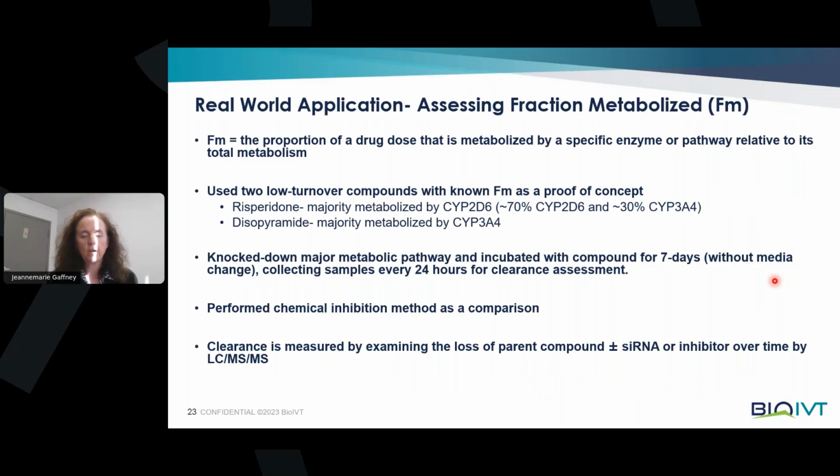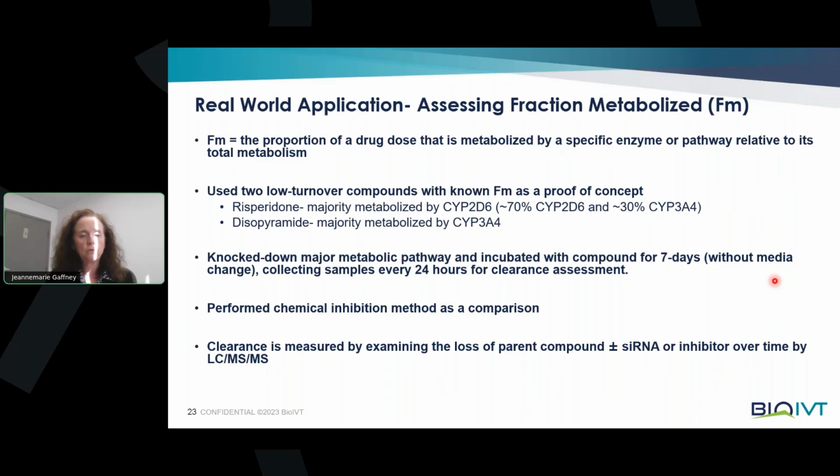So next, we wanted to look at assessing fraction metabolized. Fraction metabolized is the proportion of a drug dose that is metabolized by a specific enzyme or pathway relative to its total metabolism. So we used 2 low turnover reference compounds with known FMs as a proof of concept.